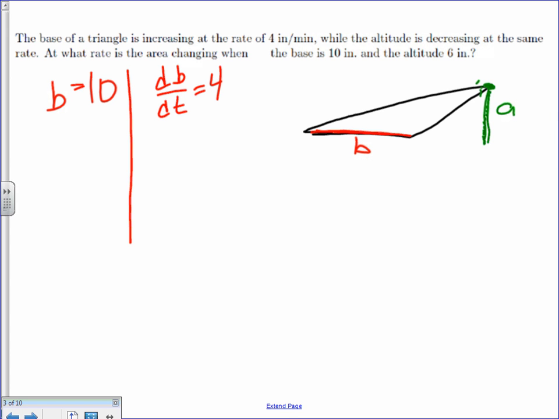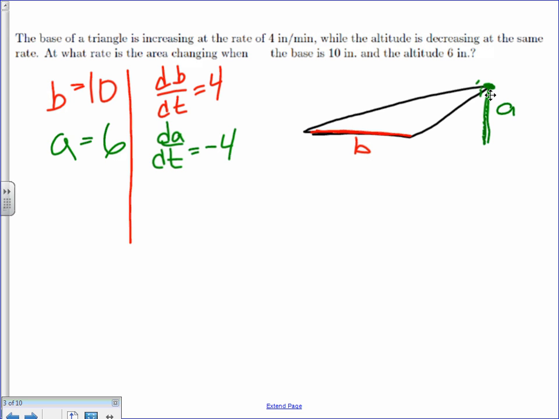Now, we know that the altitude is decreasing at the same rate. So that means dA/dt is -4. Now that's important right there. It's -4 because it's decreasing. And similarly, we want to find this rate of change when the altitude is 6 inches. So when A equals 6.